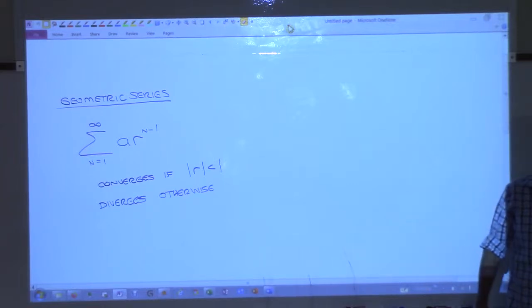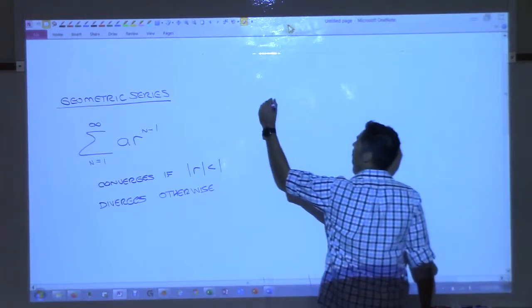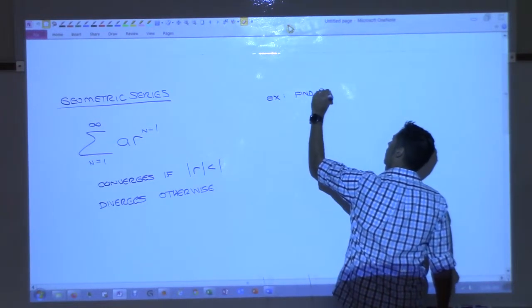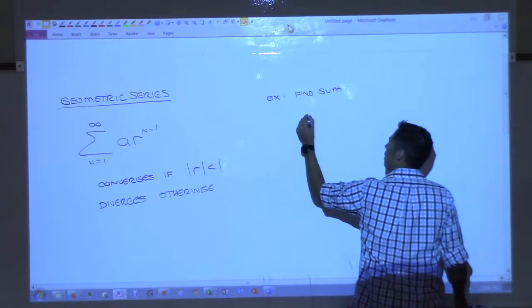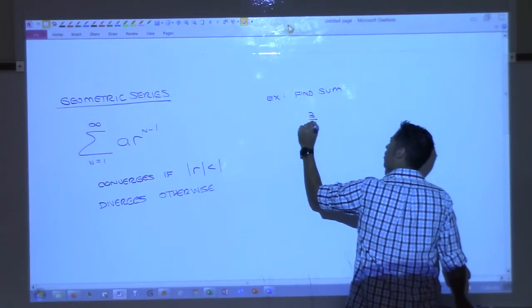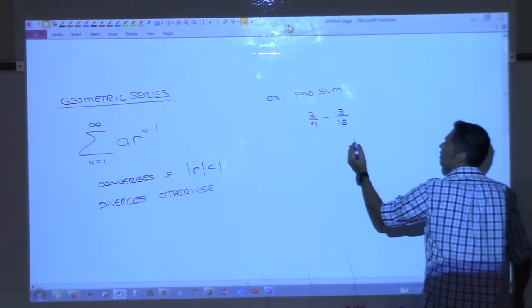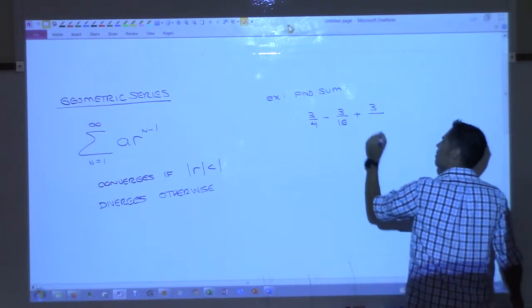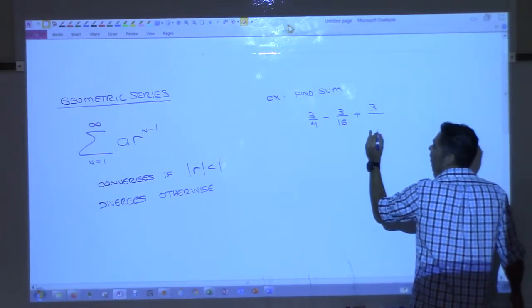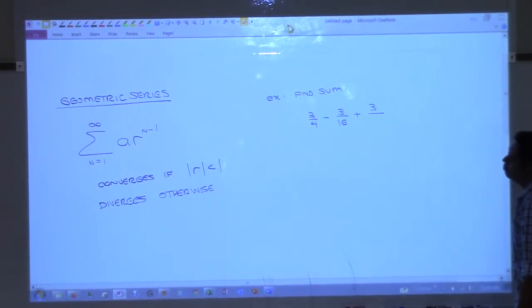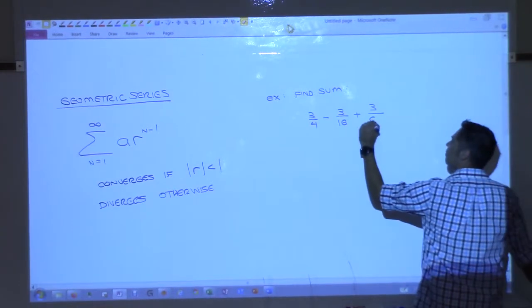I'm going to give us a geometric series, but for this one, I think I'm going to make it alternate. So as an example, let's take this one. I want us to find the sum of, let's go with 3/4 minus 3/16 plus 3/64.